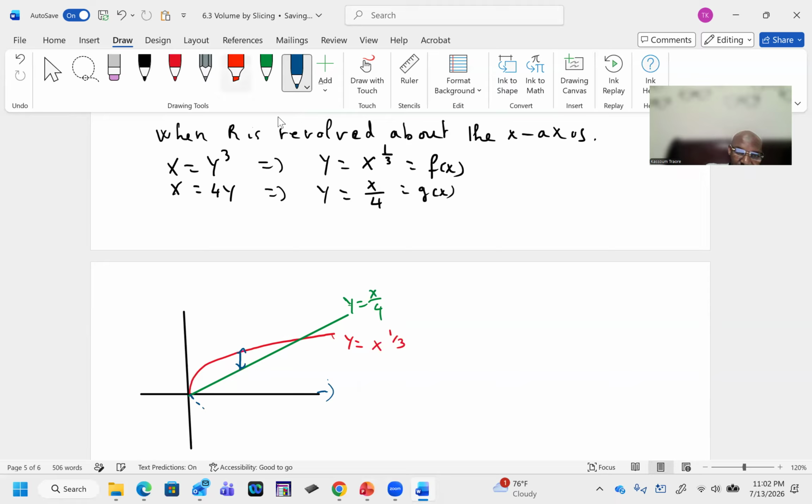You will have the same line in, and the red one will still be out. And then we'll come across this one, you see? And you will see this is the volume I will be looking for.